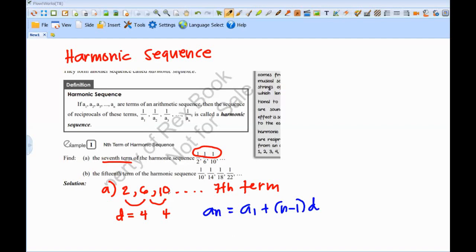Since you're looking for the 7th term, a sub 7 is equal to a1, which is 2, plus n, which is 7, minus 1 times the common difference, which is 4.